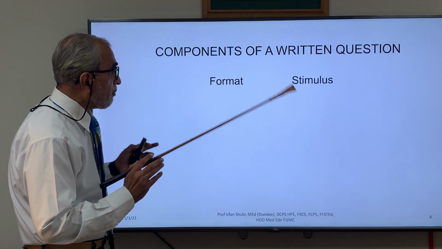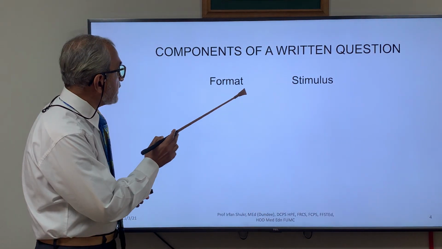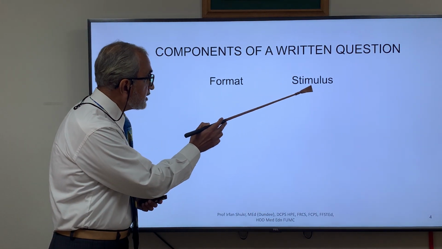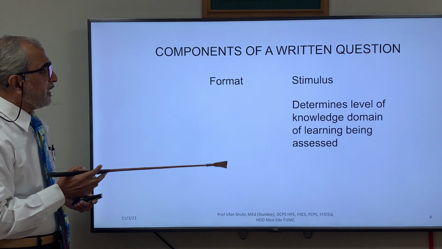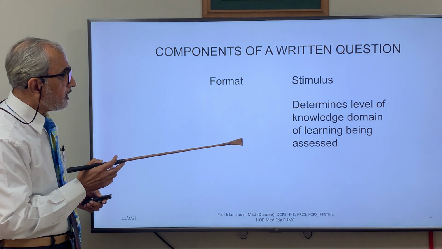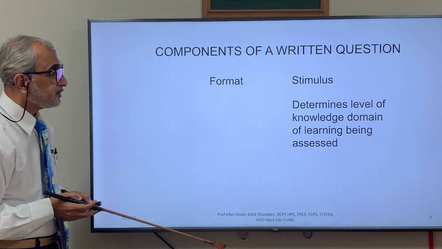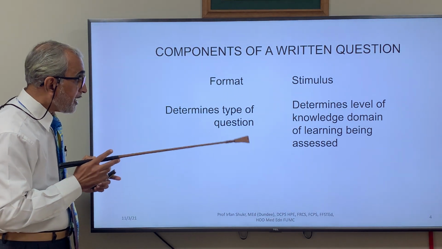If you talk about the components of a written question, it has two components. One is the format and another is the stimulus. The stimulus determines the level of knowledge domain of learning being assessed, whereas the format determines the type of question.